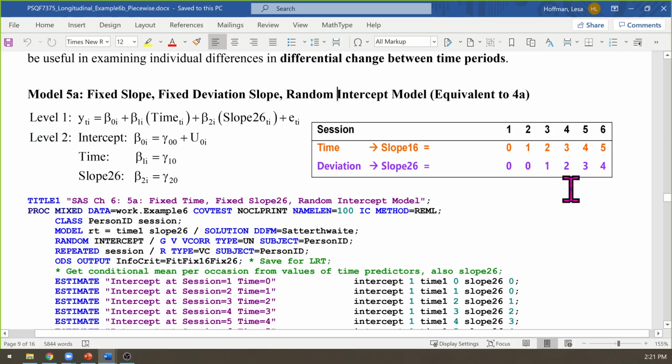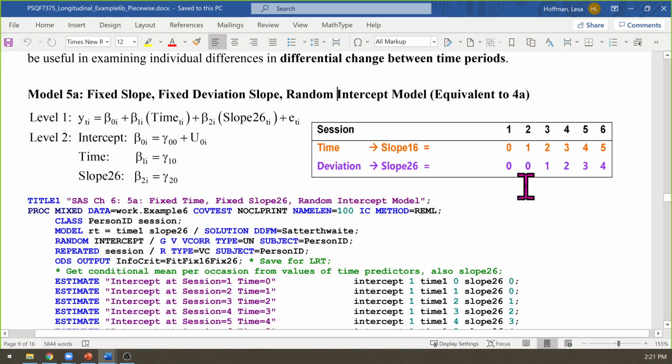What is the unique aspect of what the purple variable here is capturing? And it's capturing change from sessions 2 to 6. So what ends up happening is that the second variable, slope 2/6, is how much different the slope is after session 2 than before.